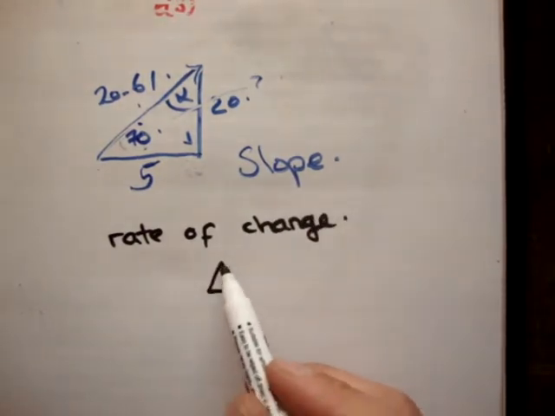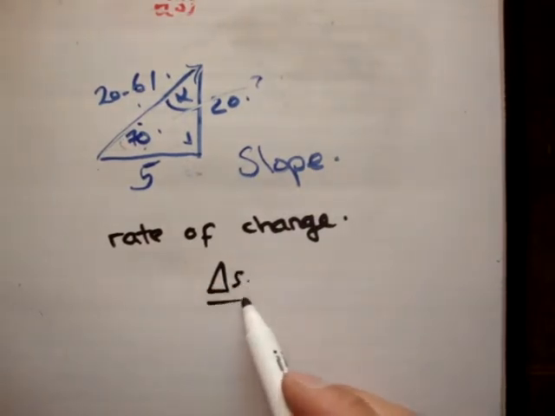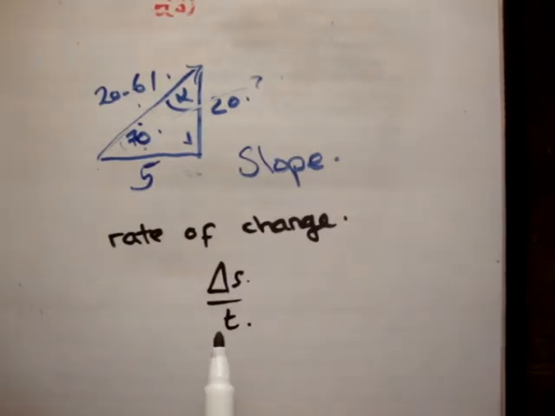Usually you'd say delta for change, say delta s, the change in distance, divided by time. That's what acceleration is. Well, that's also what slope is. So we know that acceleration is the rate of change of speed with time, and we also know that a slope is a rate of change.